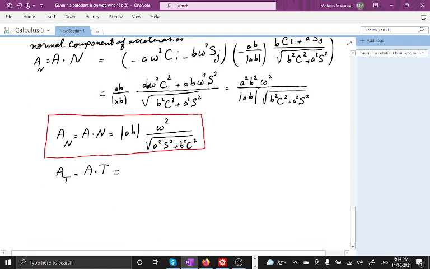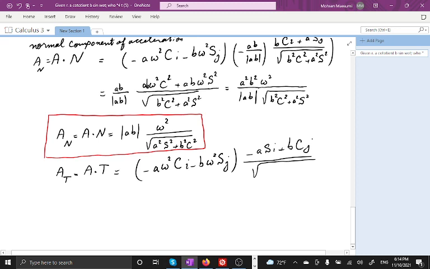So my A was minus A omega squared C i minus B omega squared S j. That's my A. My T was easy, minus A S i plus B C j over A squared S squared plus B squared C squared.